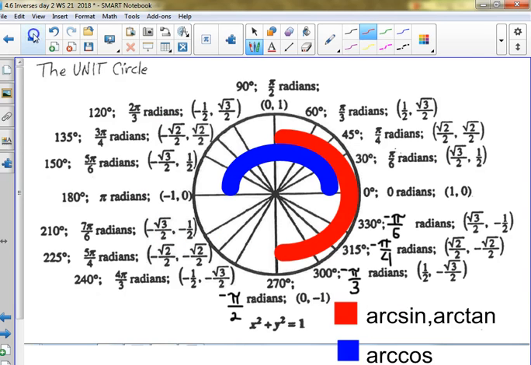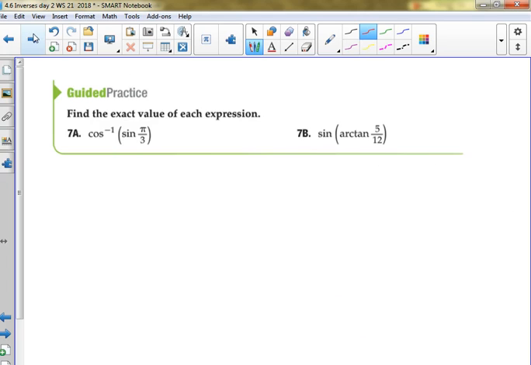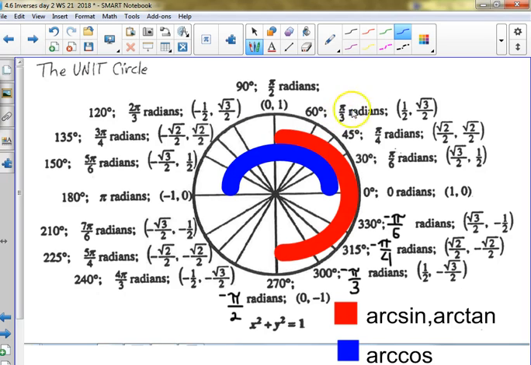Okay. The other thing that's going to come up, oh, let's practice these two real quick. This is from last week. This says go to pi over 3 and find the sine, not the inverse anything. What is the sine value at pi over 3? So if I go back here, pi over 3, sine, make sure you're doing sine, not cosine.